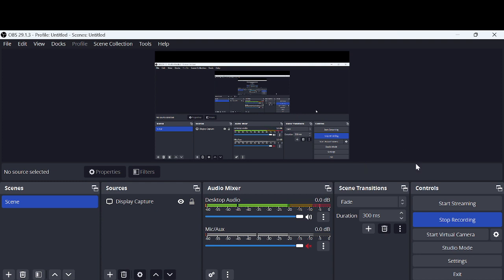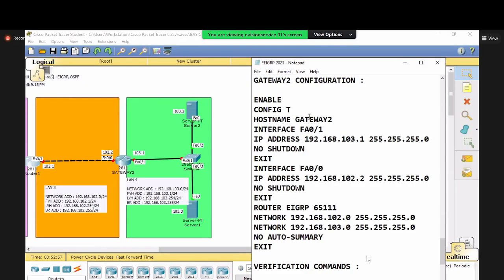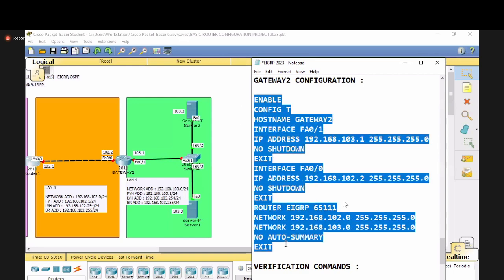Moving on to the last router. Last router is gateway 2. So that is our gateway 2. FastEthernet 0/1 is having 103.1, and 0/0 is having 102.2. Correct. So let's copy.